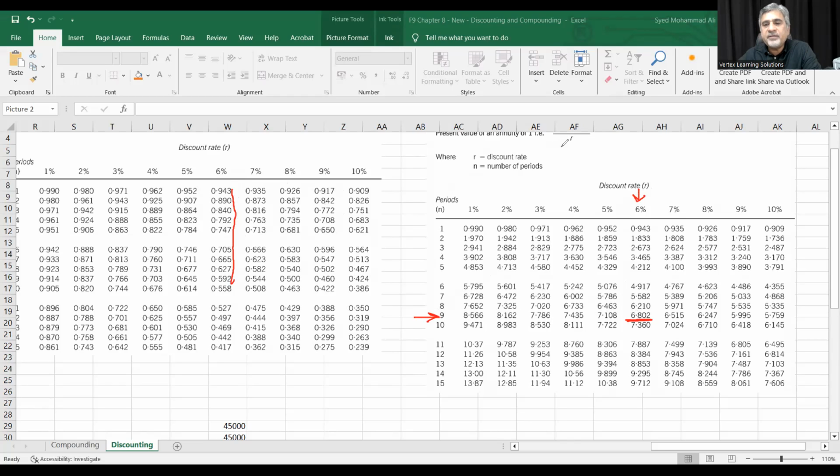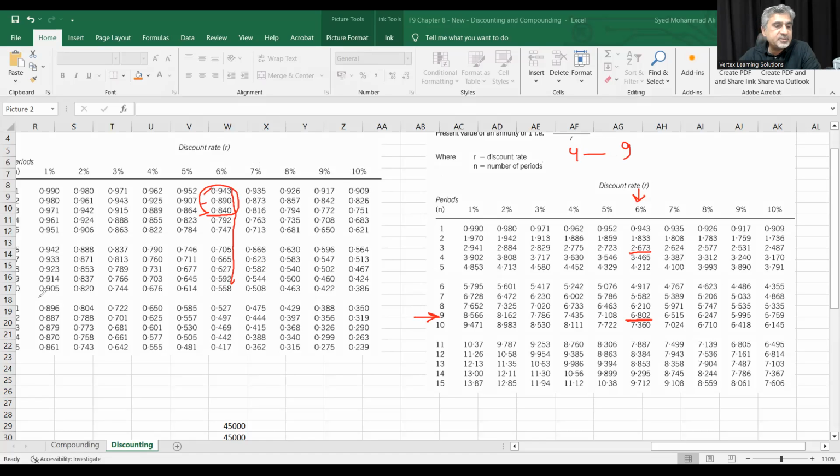Now, we need only from 4 to 9. So it means that these 3 numbers, the 3 years' factor, if you make a total of these 3 numbers, it will give you this number. I explained this in the previous lecture, that the annuity table is just a total of the discount factors. For example, in this 6% table, the discount factor for year 1 is 0.943.